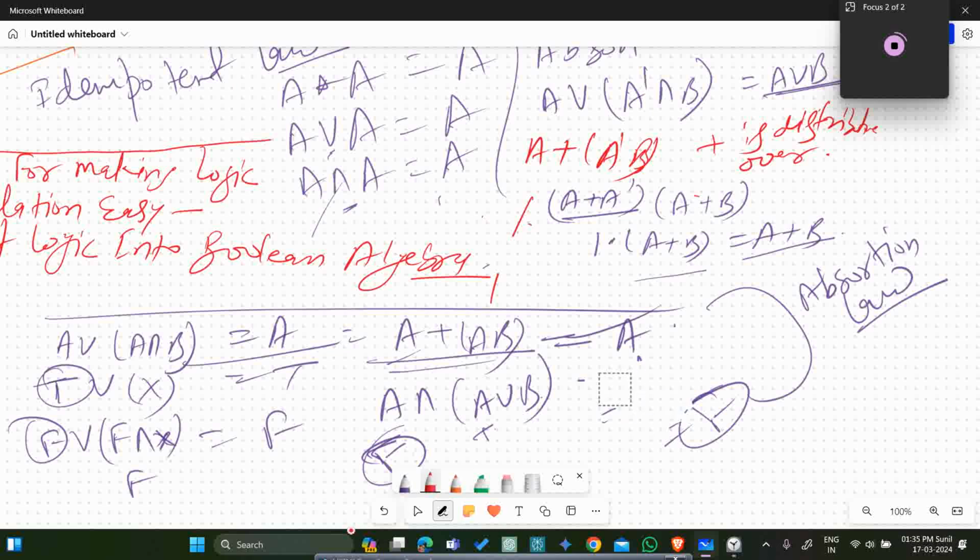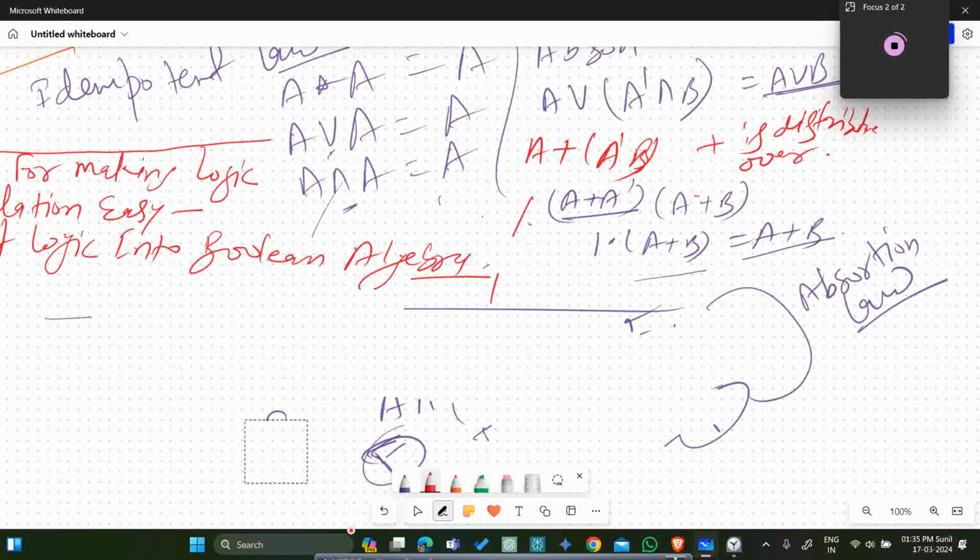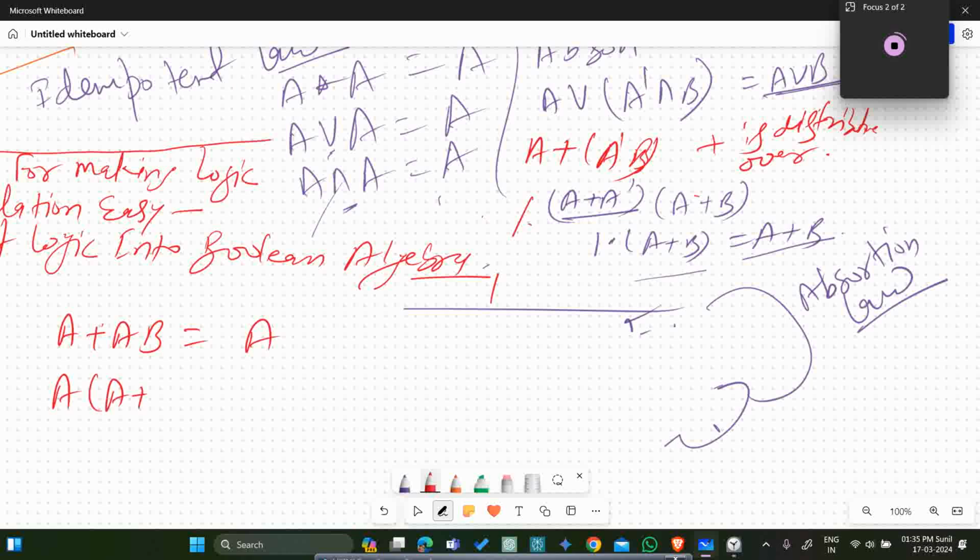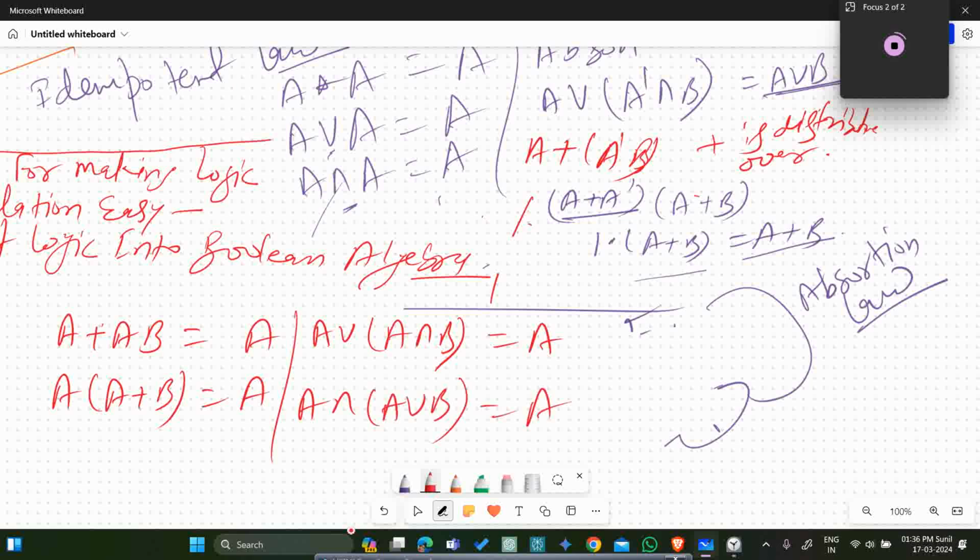The first law is A plus AB is equal to A. We can say A plus B is also A. In other terms, A or A and B is A, and A or B is also A. These are both very important laws. Mark them with 3 stars. We can say 3 star laws.